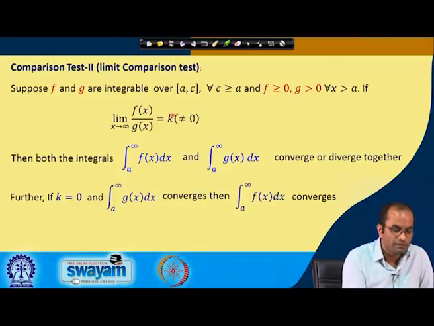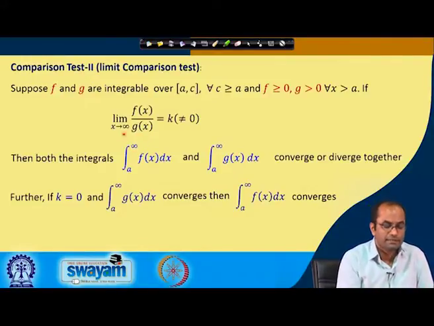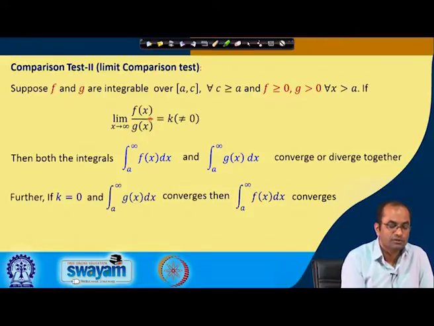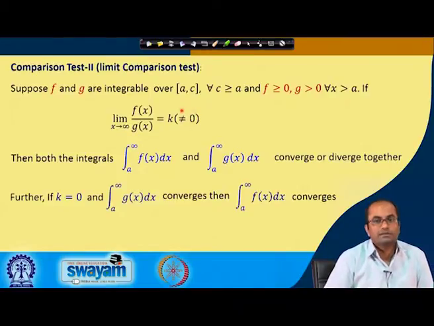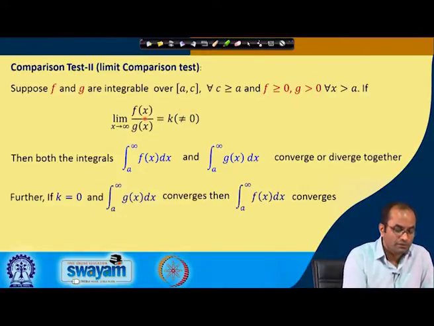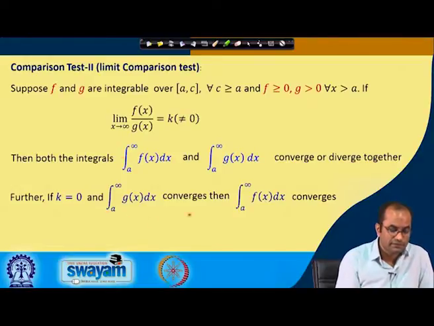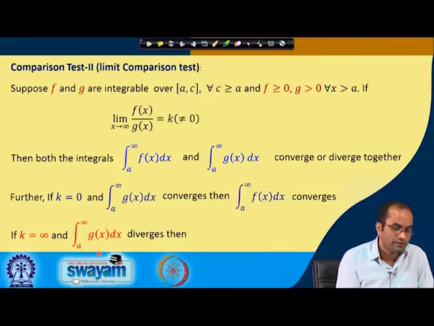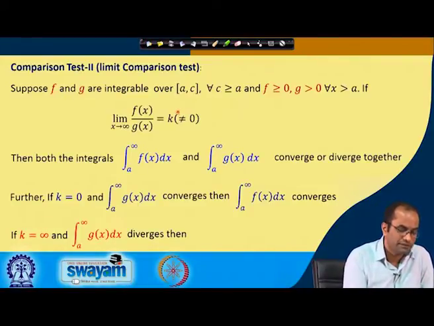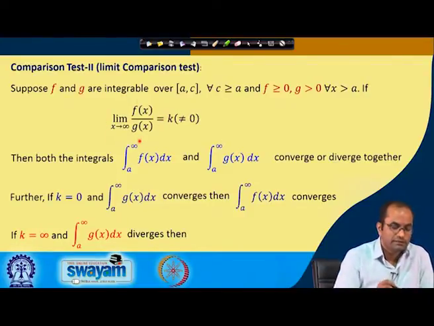Because this limit is coming to be 0 as x approaches infinity, g is growing faster than f as x approaches infinity, and therefore we are getting the limit 0. That is the reason that if g converges, then f will also converge. And the other way around, if k is infinity, meaning the ratio approaches infinity in the limiting case, then f is dominating.